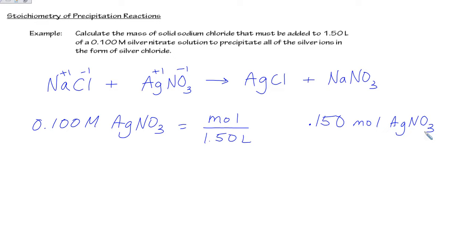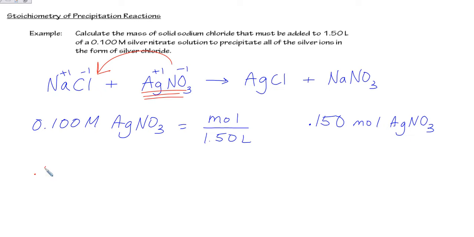Okay, so now I know moles of silver nitrate, and I want to figure out how much sodium chloride I need to completely react all that silver. I want to completely react this silver nitrate compound, so all of the silver is present as silver chloride on the product side. So I want to know how much sodium chloride do I need. Oh, well, this isn't so bad. It's just stoichiometry.